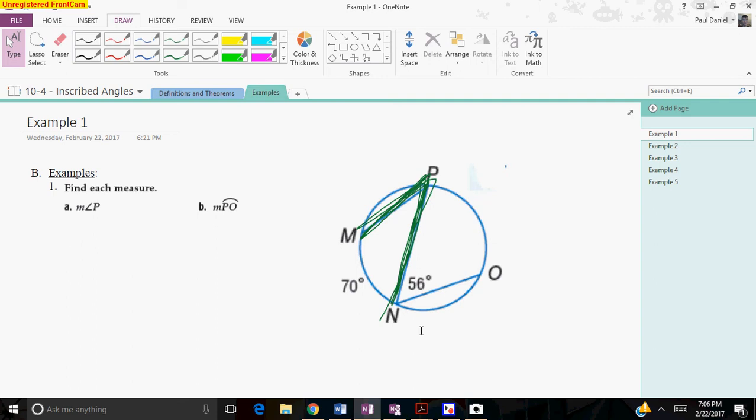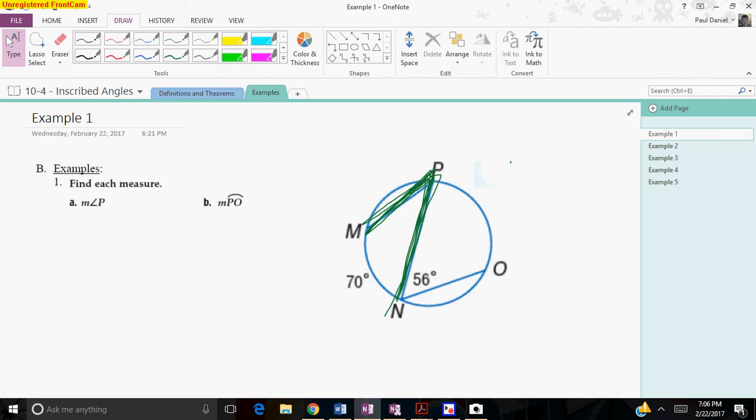And I know the measurement of the arc. And I remember that the measurement of angle P is going to be equal to 1/2 the measurement of that arc that's intercepted. So in our case, the measurement of angle P is 35 degrees.